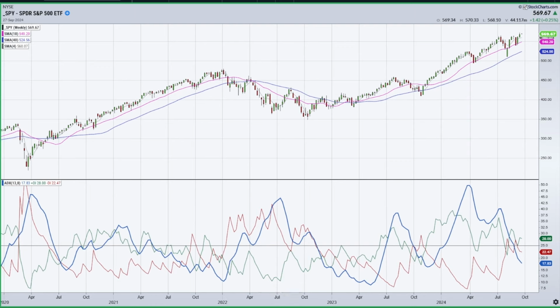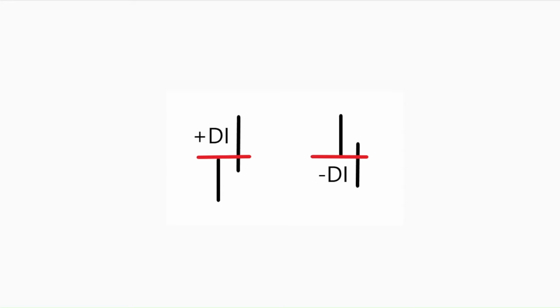Now let's first take a look at what we're talking about when we're looking at the DI lines. These are the bars of price, and it doesn't matter what the time frame is. It's the same thing in every time frame. This is the high and low of a bar, and then we look at the high and low of the next bar. The difference is how much we're above the prior high.